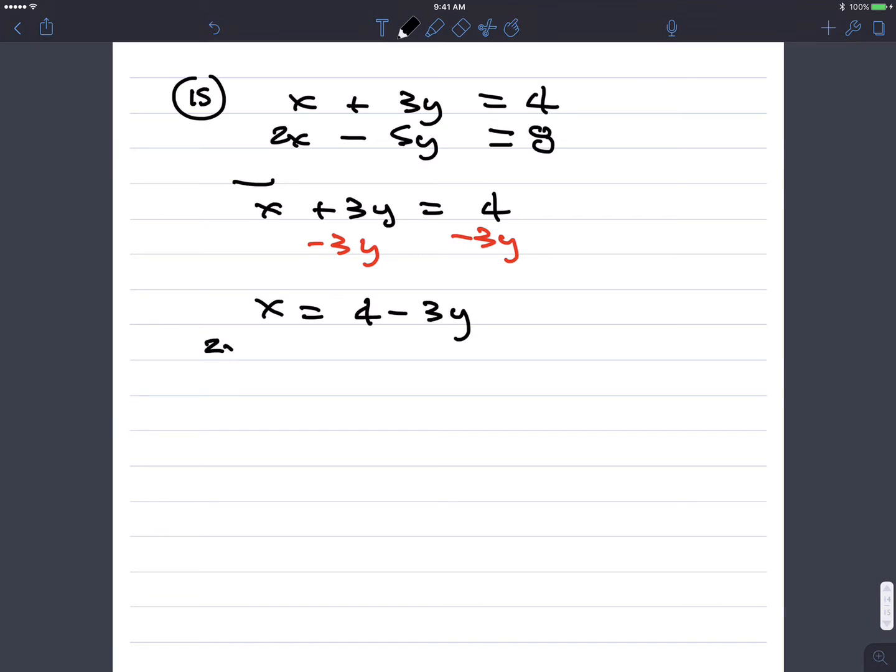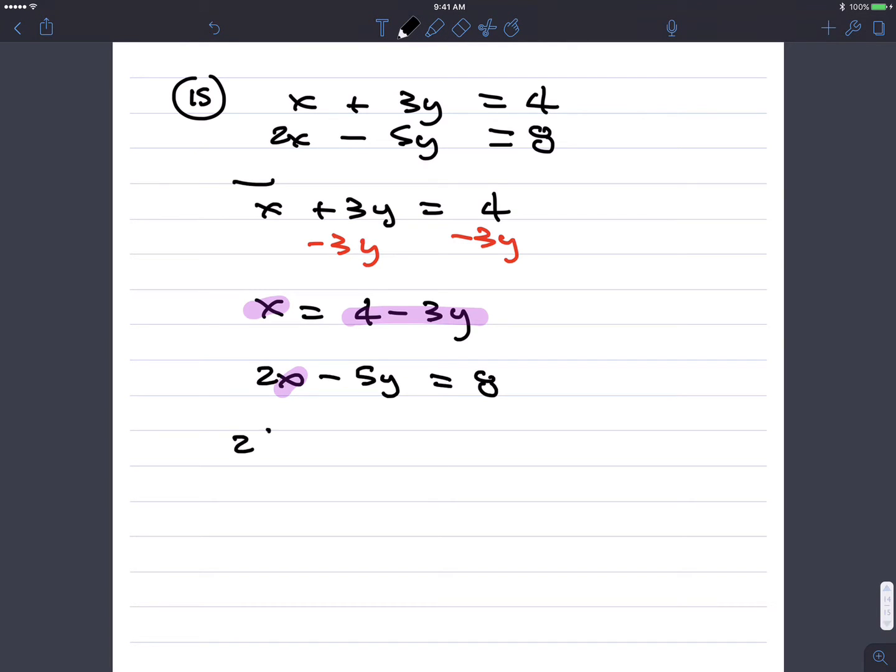The second equation is 2x minus 5y equals 8. So let's write it a little bit closer over here. 2x minus 5y is 8. x is 4 minus 3y in the first equation. I'm going to plug the first equation into the second equation by the variable x.